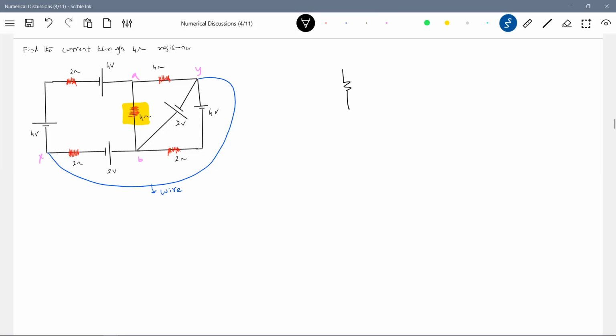This will be 4 ohm. This is point A, this is point B. So this will be 8 volt, 2 ohm. Then afterwards, this is 2 ohm, 2 volt. So here we have 4 ohm resistance. Then this will be 2 volt. Then this will be 4 volt.